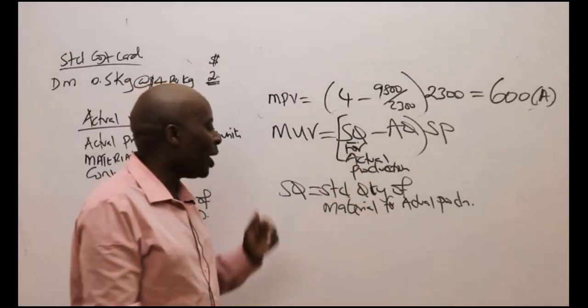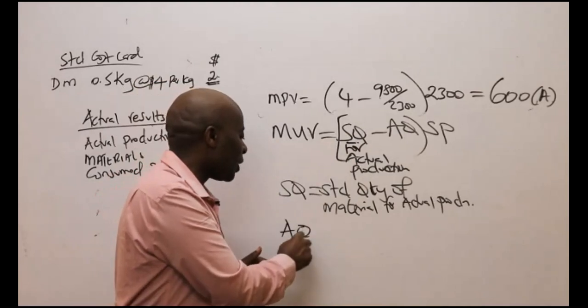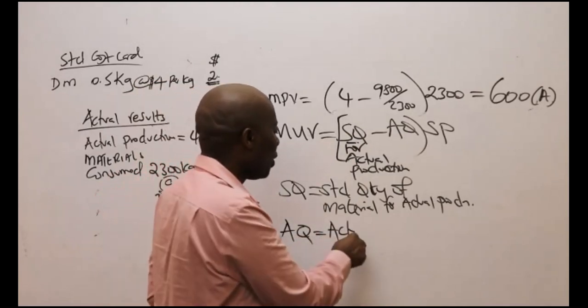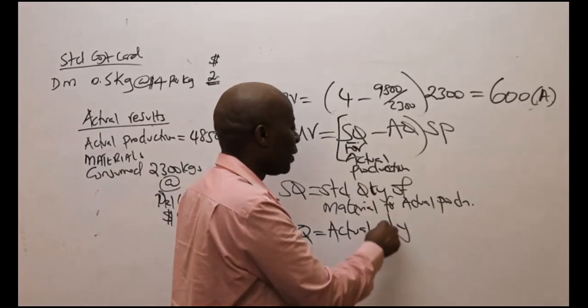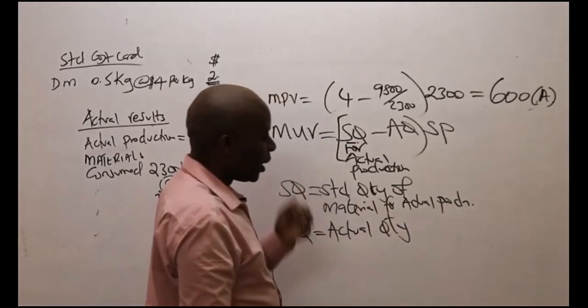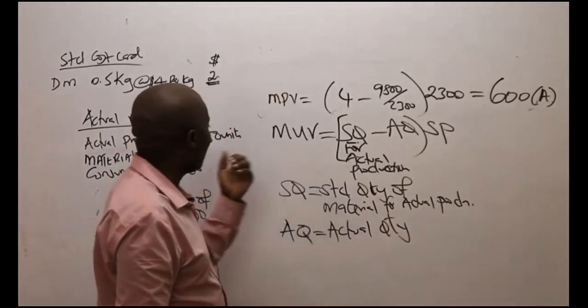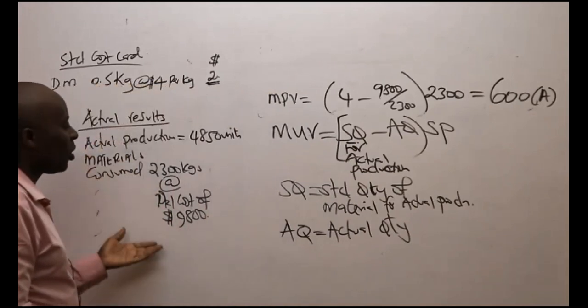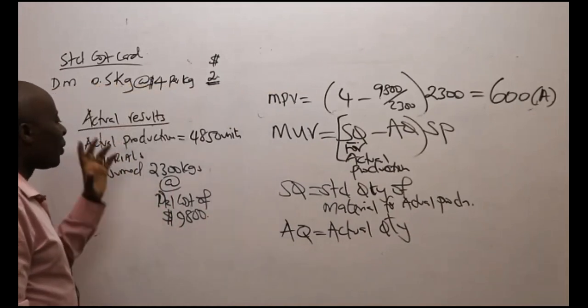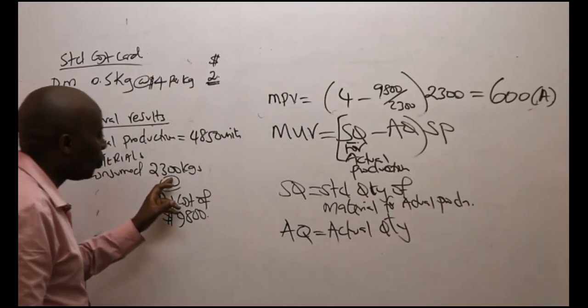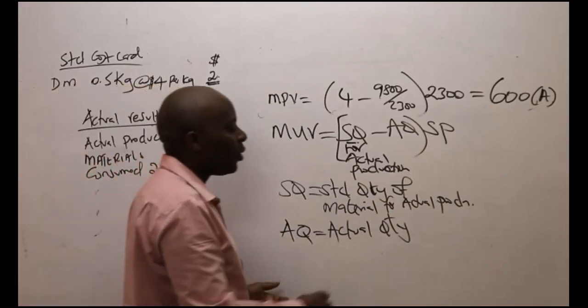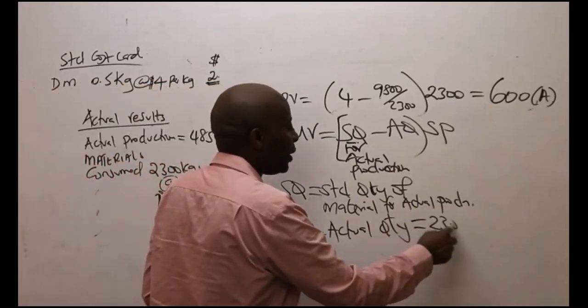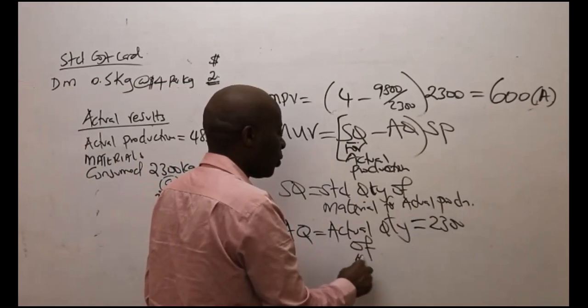So come to AQ. What does AQ stand for? This is actual quantity, ladies and gentlemen, of materials. And the actual quantity of materials, you're the ones who gave me from this actual result, who told me that we actually purchased and consumed 2,300 kilograms. So don't confuse with production.